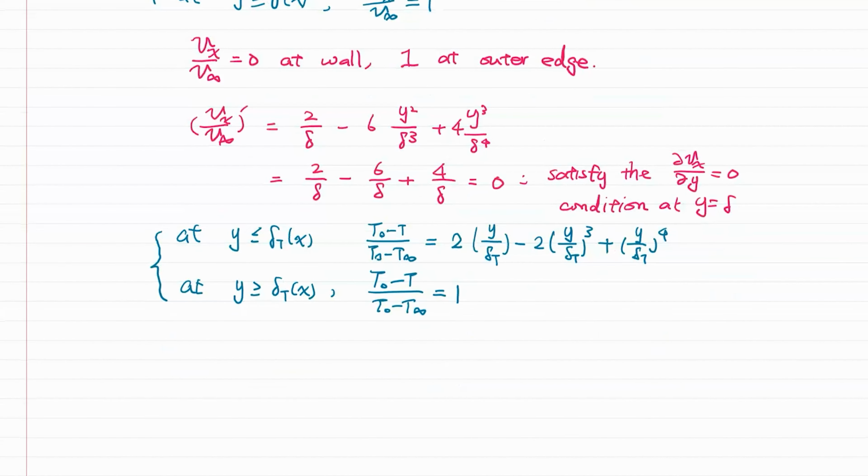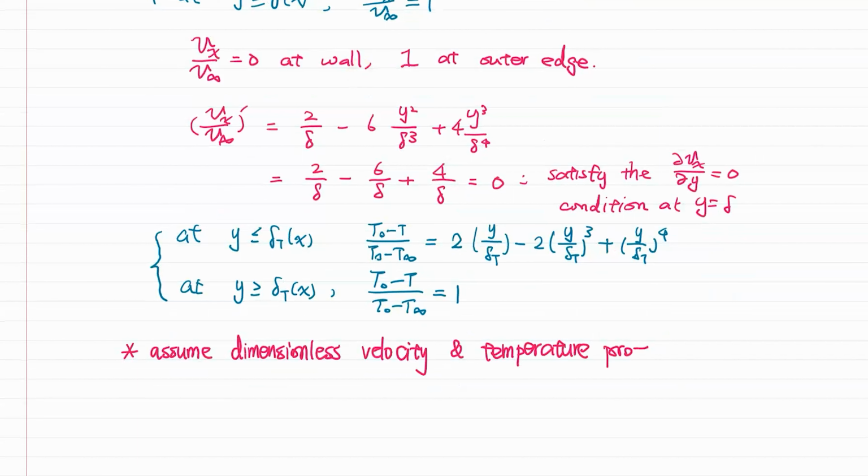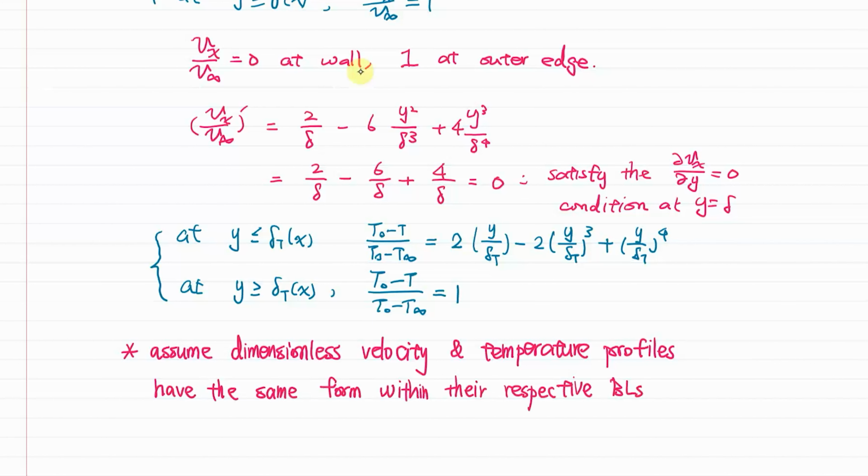The key here is that we're assuming the dimensionless velocity and temperature profiles have the same form within their respective boundary layers.